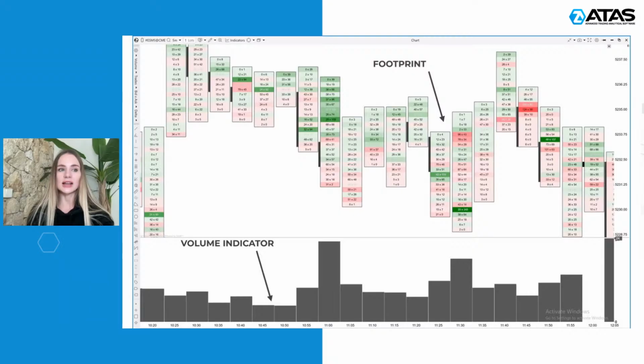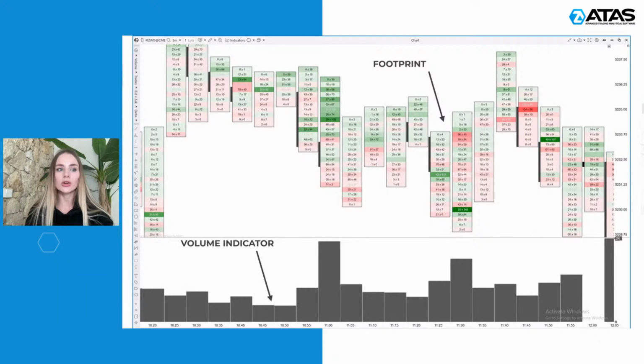It shows us how the 1,000 contracts across each price level within the candle were distributed. So in the footprint, we can see how much of the volume was aggressive buying, executed on the ask, and how much was aggressive selling, executed on the bid, for each price level separately.